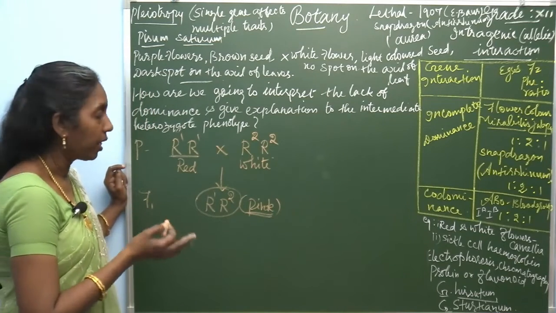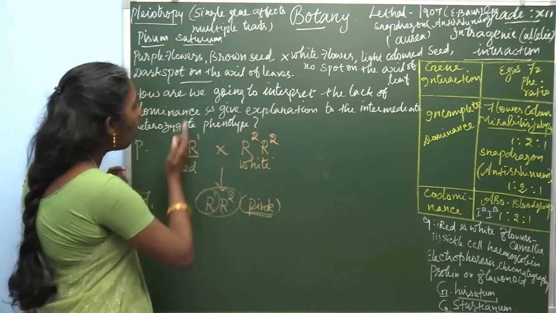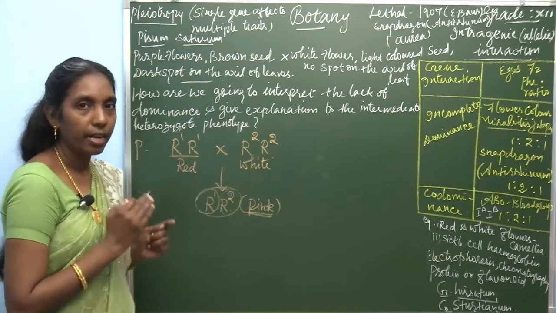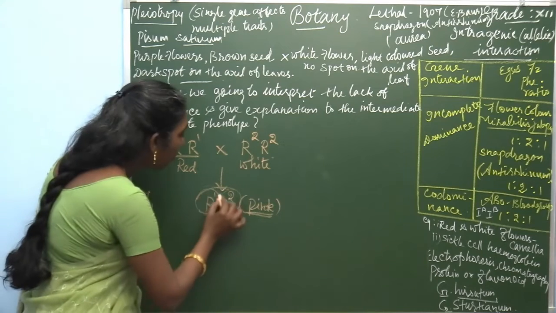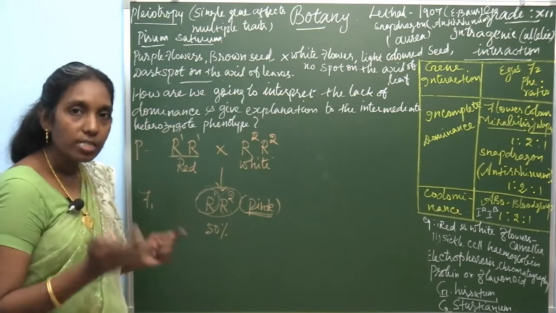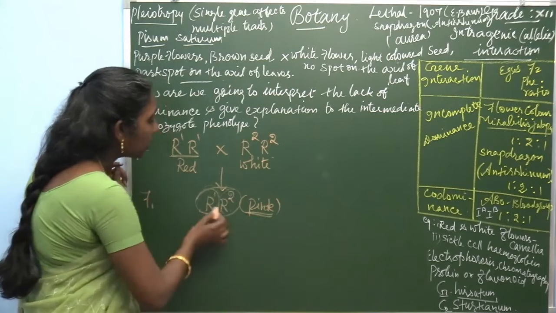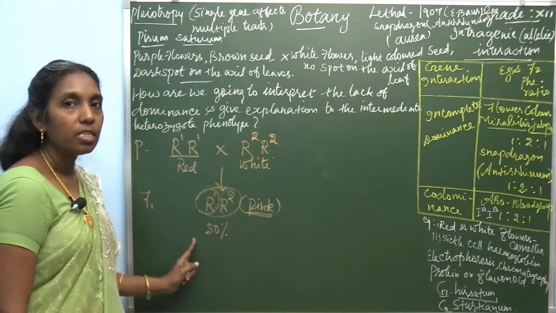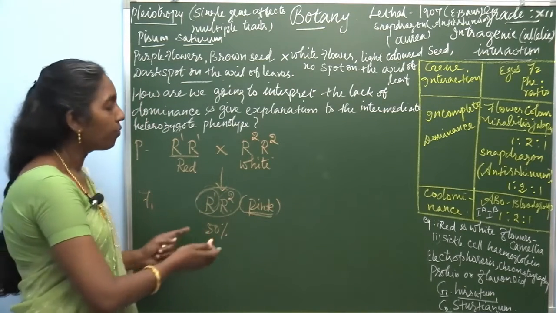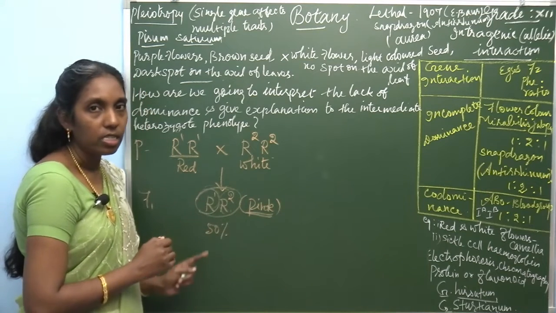Here in R1R2, only half of the functioning homozygous dominant red allele is present. This half, that is 50%, is not sufficient to produce the red color, so it forms pink. This is the molecular explanation of why the intermediate color pink is produced in this cross.